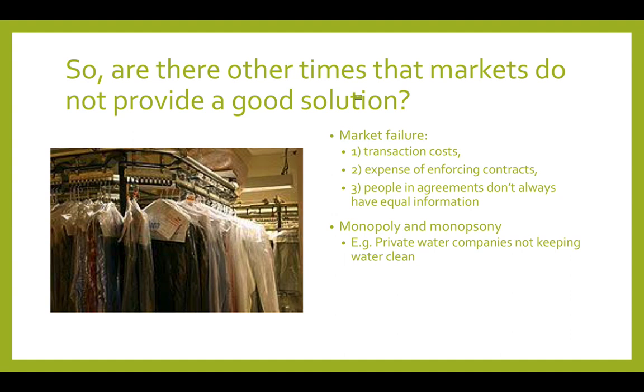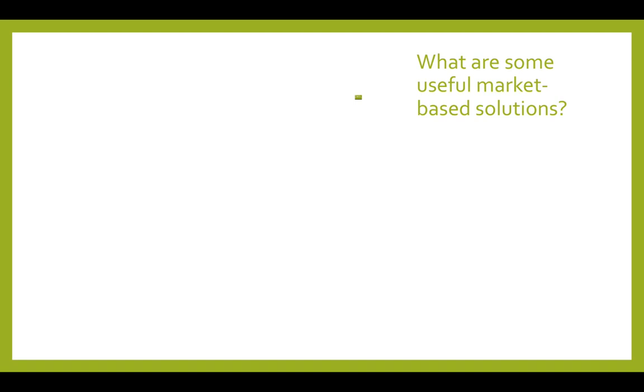But at the beginning of things, they were often private water companies. And private water companies were often not very good at keeping their water clean. So monopoly and monopsony can mean that environmental problems are harder to solve because the market is not working effectively, again, because it's limiting choice.